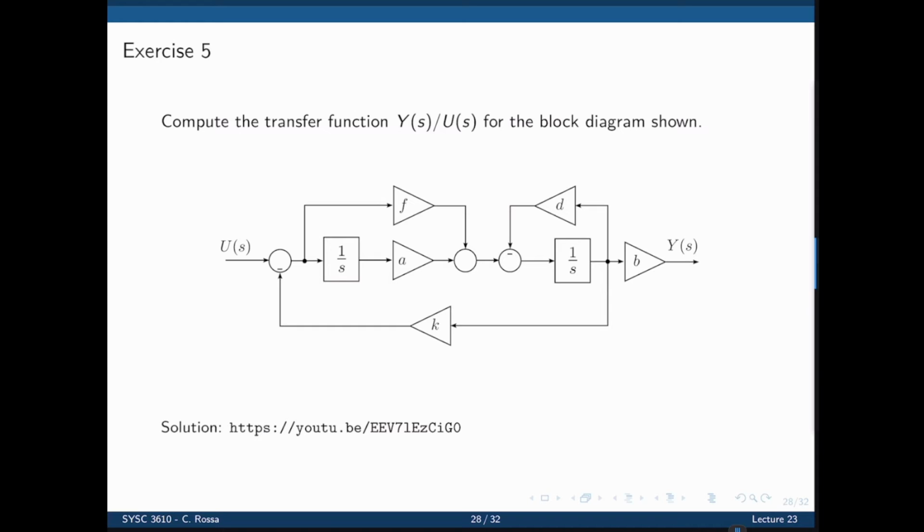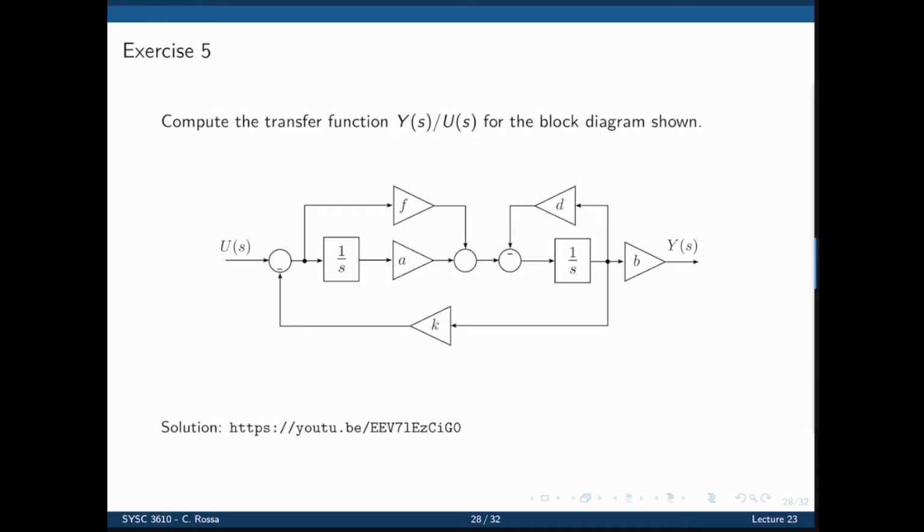Let's do exercise 5. All we want to do here is to compute the transfer function y over u. I'll let you take a look at it and see how you would address that. There is one mistake here that you shouldn't make, that some people will inevitably do.